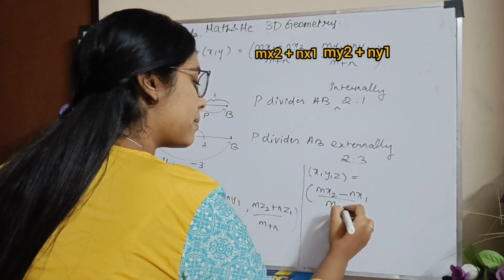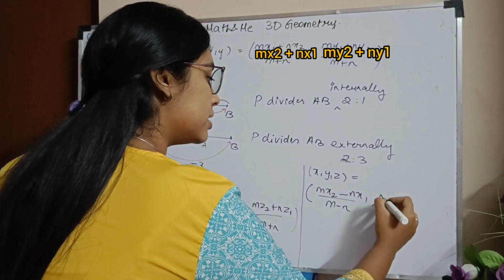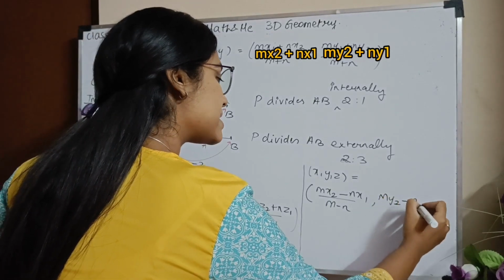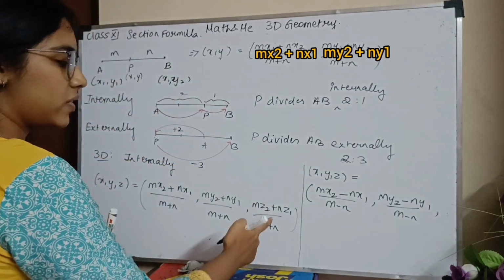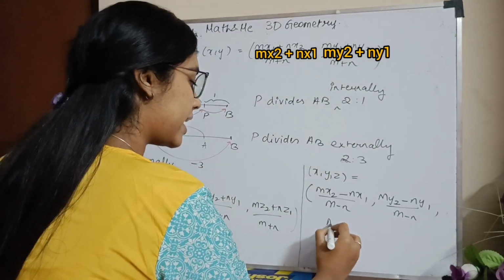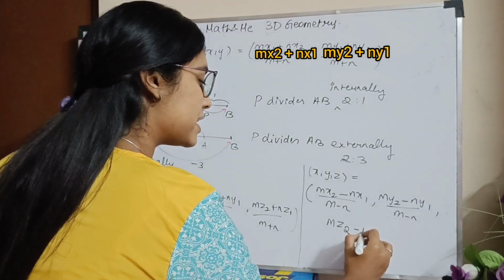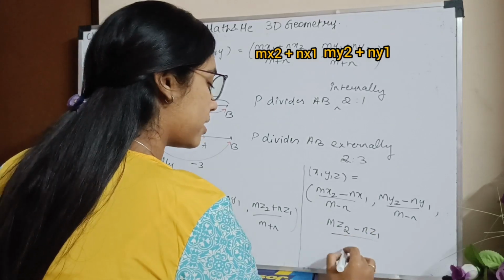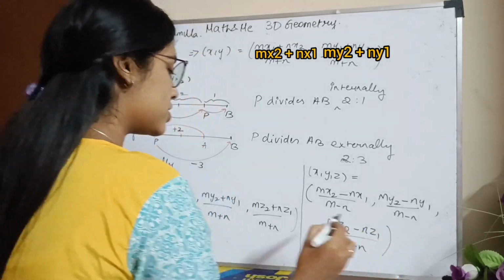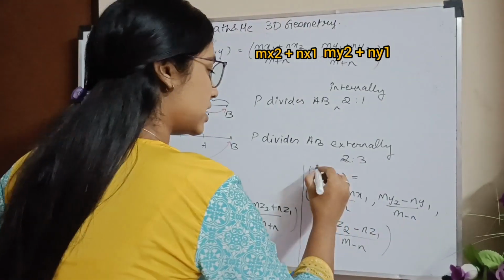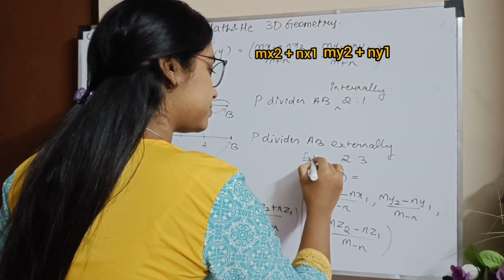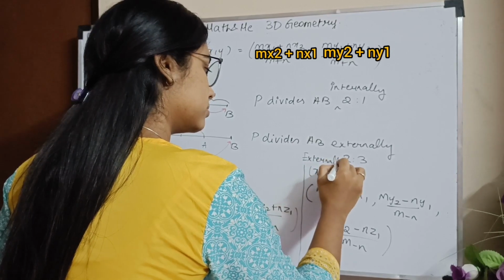Divided by m minus n, m y2 minus n y1 divided by m minus n. And my third coordinate will be n க்கு minus n போட்டா I'll have m z2 minus n z1 divided by m minus n. So this is the difference in the formula between internally and externally. இது வந்து externally. Okay.